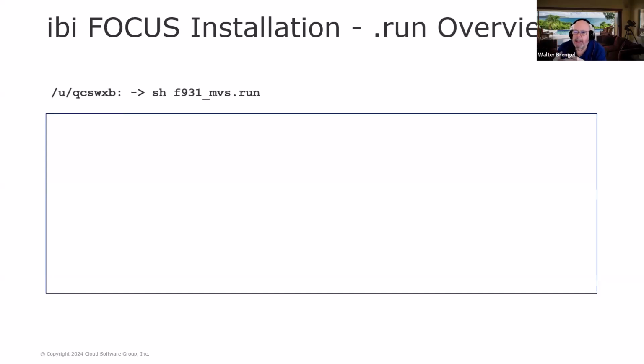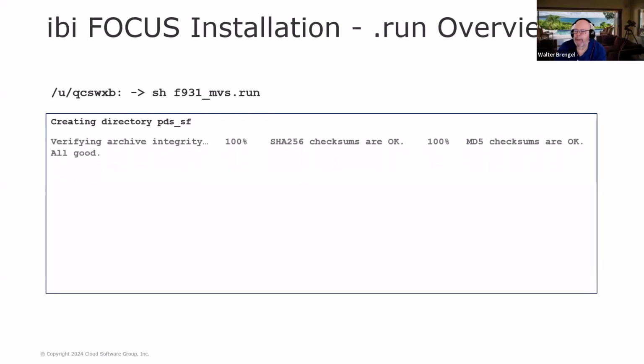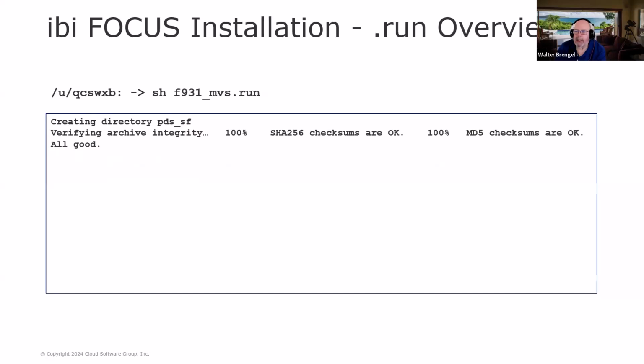So this is an example of running the run file. Here, the name is going to be a little longer when you get it directly from the file. I shortened it just to save some keystrokes. So to run it, it's sh space and then the file name .run. You get a message saying creating PDS _SF, verifying archive integrity, and you get a percentage counter going up to 100%.